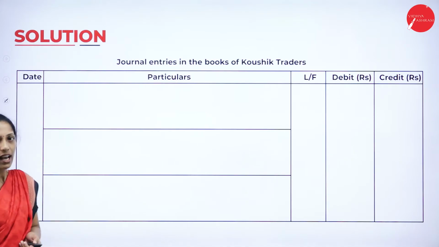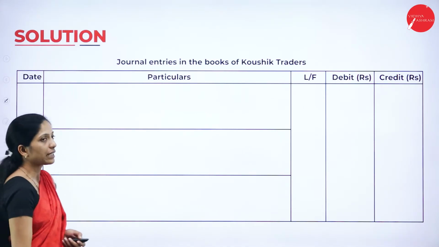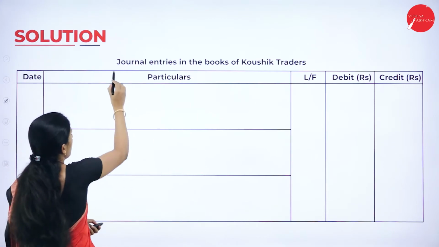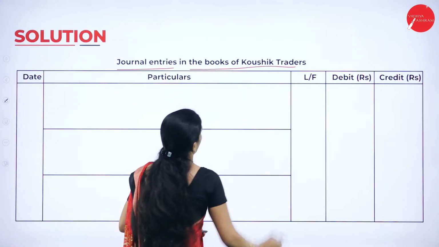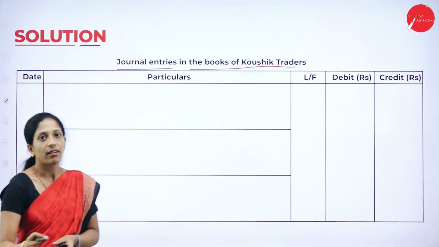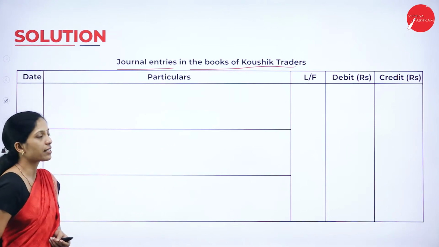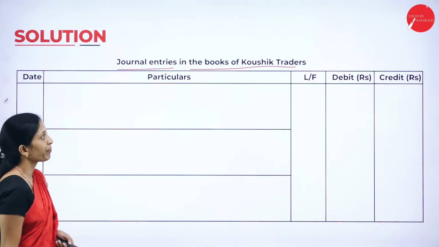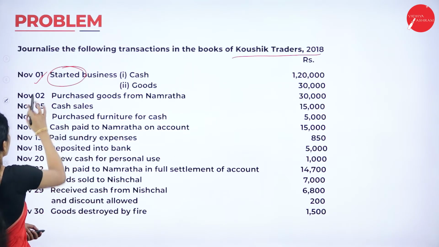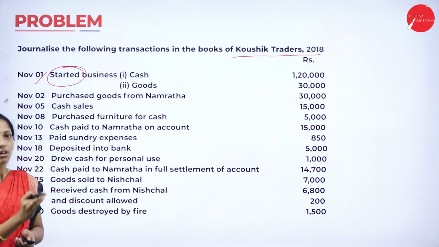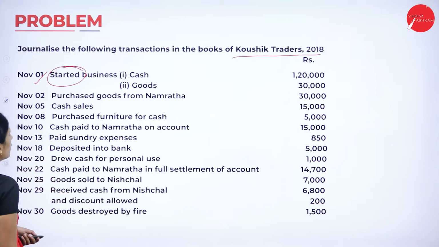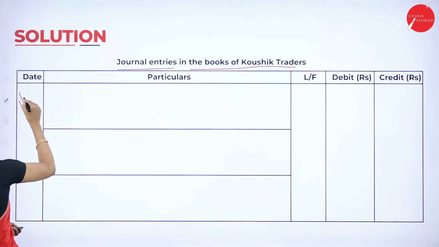Before that, as you all know, you have to write the heading as well as the format. So, what is the heading? Journal entries in the books of Kaushik Traders, and the format is date, particulars, ledger folio, debit rupees and credit rupees. Now, go through the first entry, 1st November. It is cash account debtor, stock account debtor, to capital account. 1st November 2018.